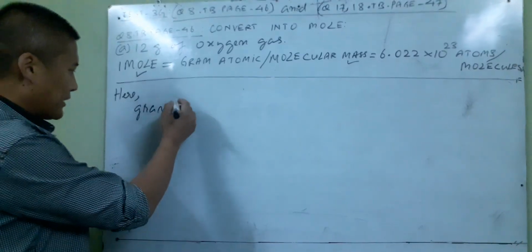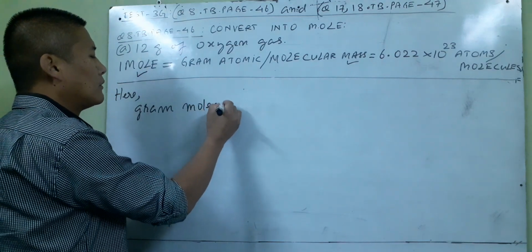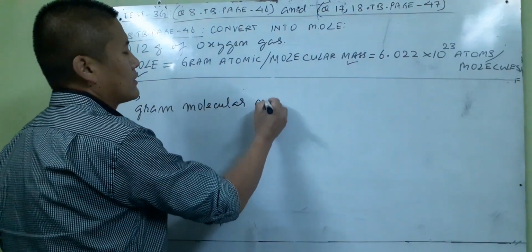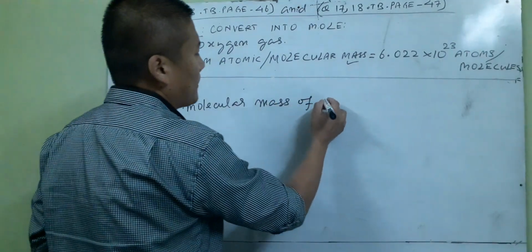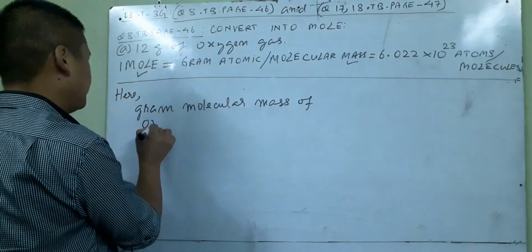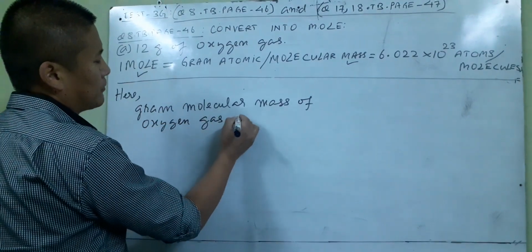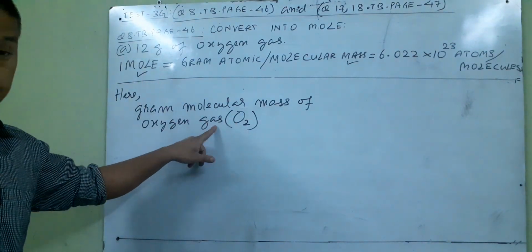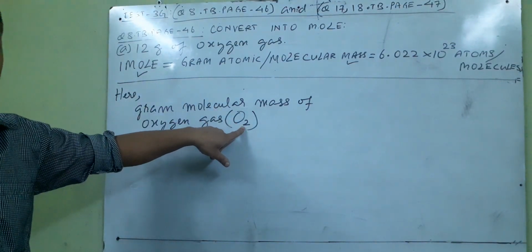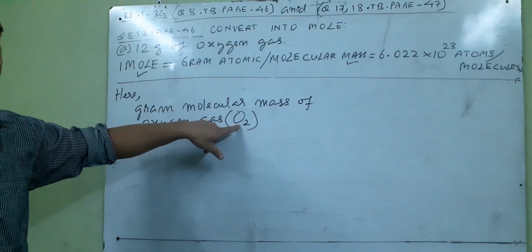Now I'll just write it and explain it. Gram, it's molecule, molecular mass of oxygen gas. Why we wrote molecule is because the oxygen gas formula is O2, it's not O. That's why I wrote molecular, because anything with more than one atom is a molecule.